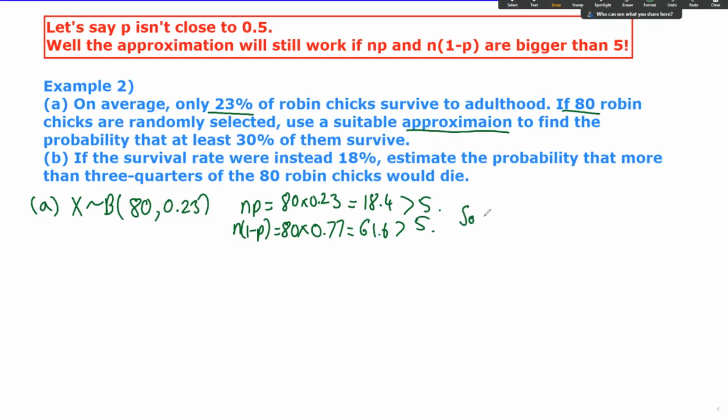So we can use Y, which is distributed normally, with 18.4 as our mean, and our variance, if you multiply all of the values together, is 14.168. Now we can figure out what it's asking of us with this normal variable.